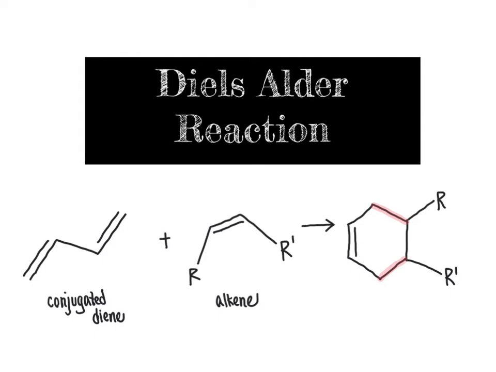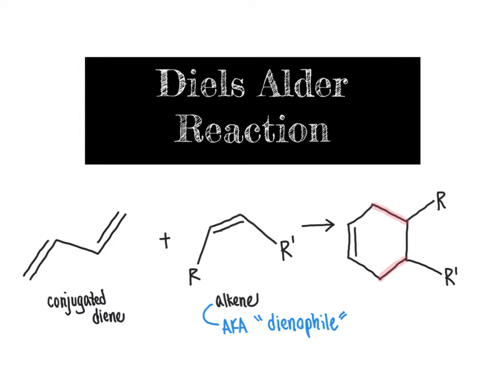As we begin digging into this, I want you to be aware of some key terminology. Specifically, in this Diels Alder reaction, the alkene is also known as the dienophile. So in other words, when we are discussing Diels Alder reactions, what we are describing is the reaction of a diene with a dienophile.